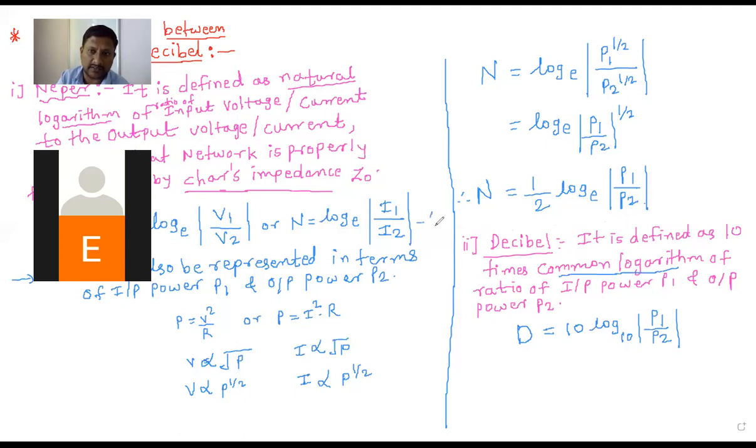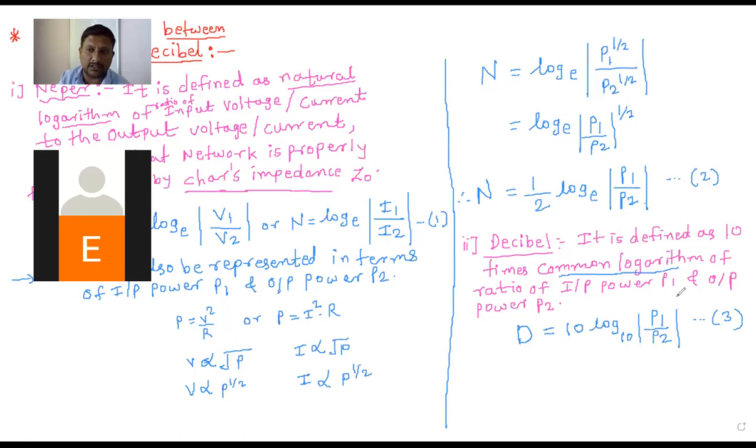This I will give as equation number 1, this is equation number 2, and this is equation number 3. Now P1 is replaced in terms of voltage or current. P1 is nothing but V square divided by R, so R and R will get cancelled. So V1 square divided by V2 square, that is V1 divided by V2 whole square.